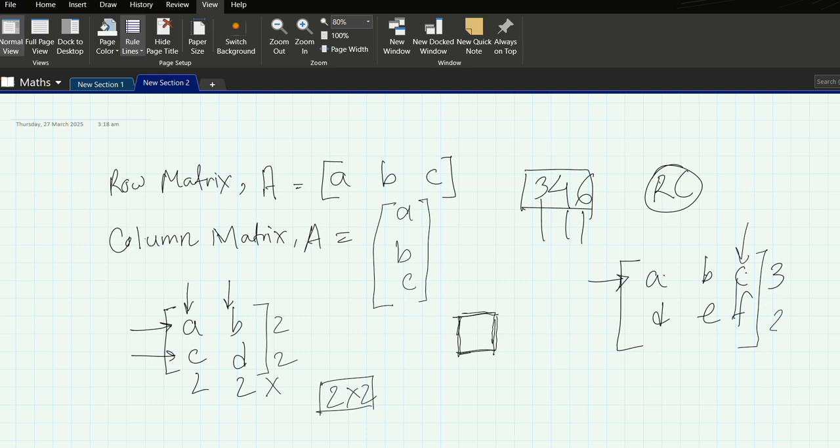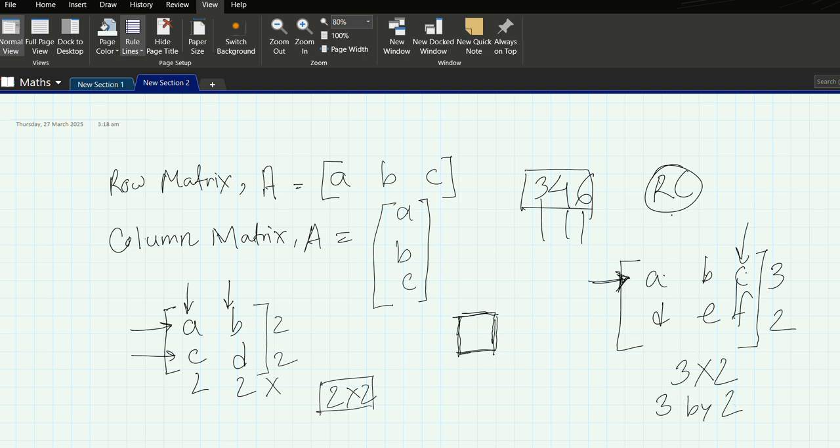So 2. In case of a matrix, we first identify the row, how many rows are there. Okay, so there are 2 rows, and how many columns are there? 3. We put a cross mark in between them, and this is called a 2 by 3 matrix.